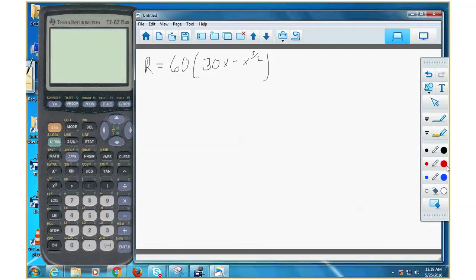So leave the 60 alone, or you can include it if you want to. R is equal to 60. What's the derivative of 30x? 30 minus 5 halves x to the 5 halves minus 2 halves.